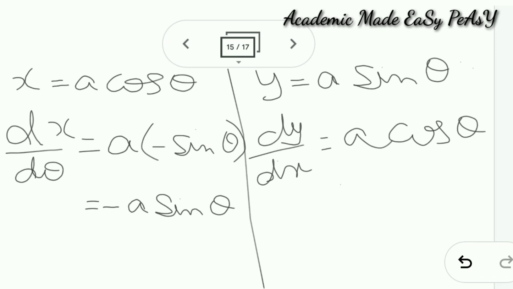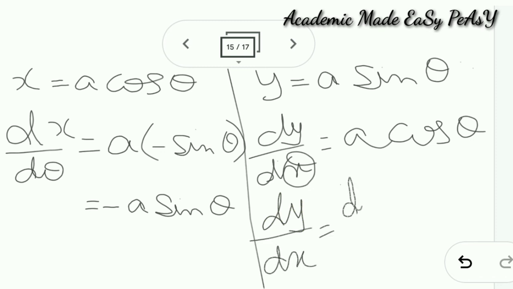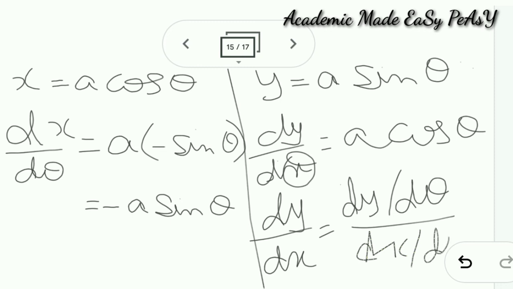So in order to find my dy by dx, I will be writing it as dy by dx is equal to dy by d theta, the whole divided by dx by d theta. In the next step, I will be cancelling the d theta and d theta there.